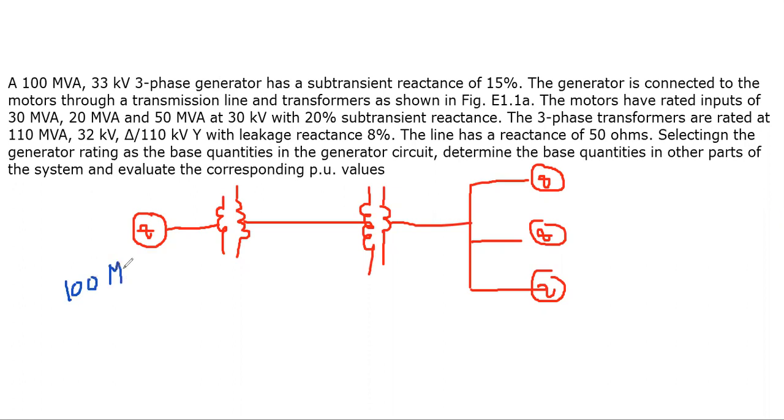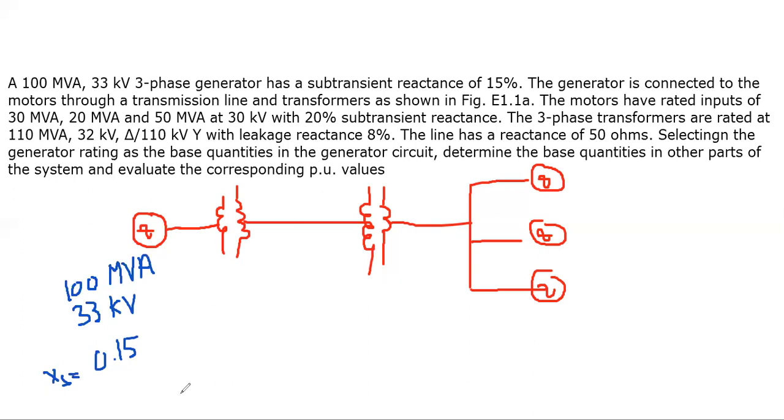Okay. So the rating of this generator is 100 MVA, 33 kV, and the sub-transient reactance is given as 15%, means 0.15. This is sub-transient reactance, given as 0.15, right?